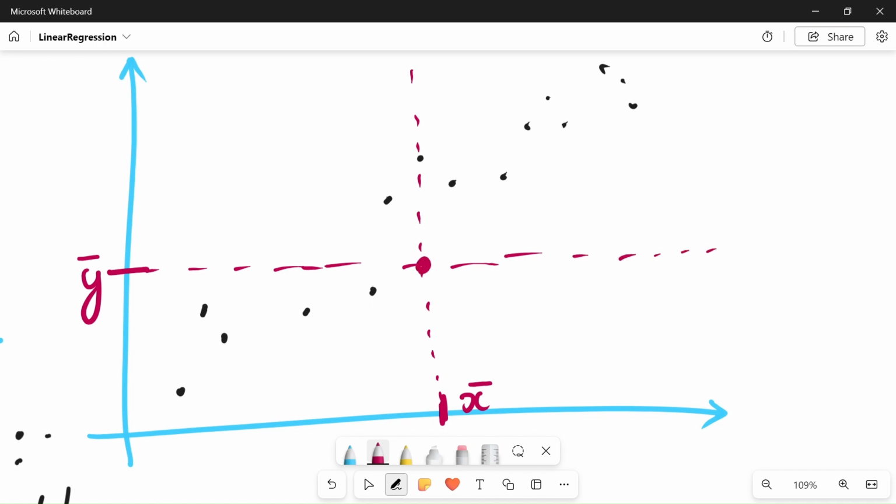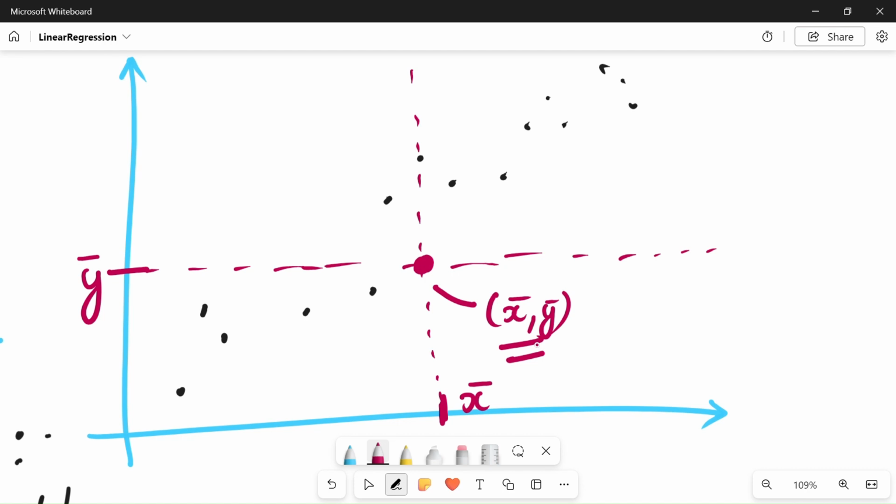Okay, so this point x bar, y bar is the point about which the best fit line kind of rotates in such a way as to minimize the RSS. This is the condition that popped out when we differentiated, right?